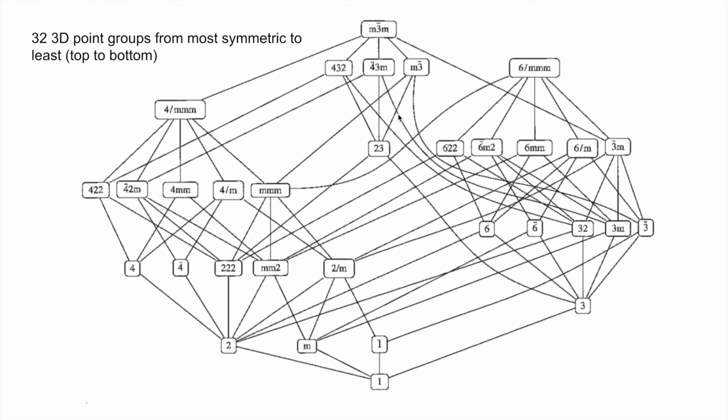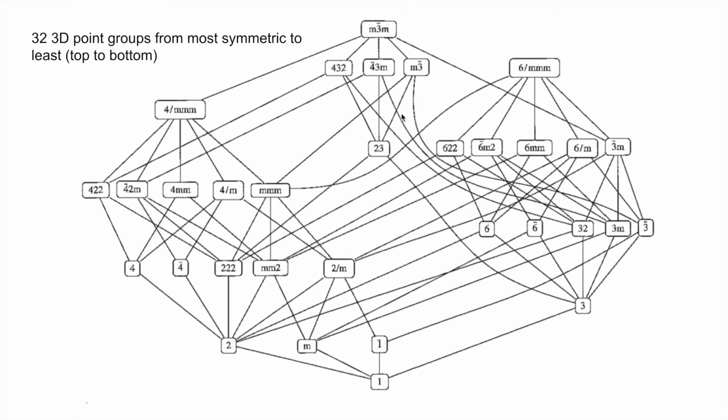And we also know that cubic is very symmetric, right? So that would tell me that one of these operators is cubic. And in fact, all of these are in the cubic system, and this is the most symmetric of all the point groups. So any one of these would work.